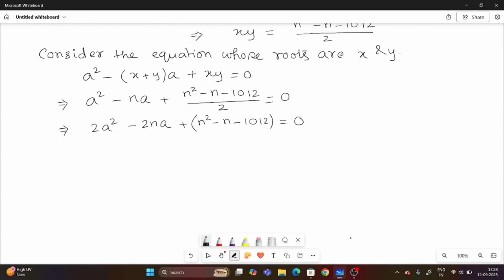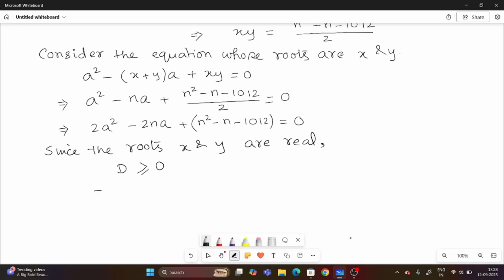So since the roots x and y are real according to the question, the discriminant must be greater than or equal to 0.